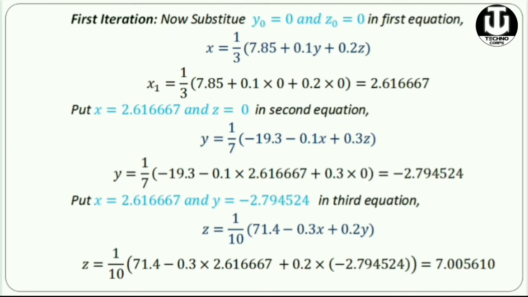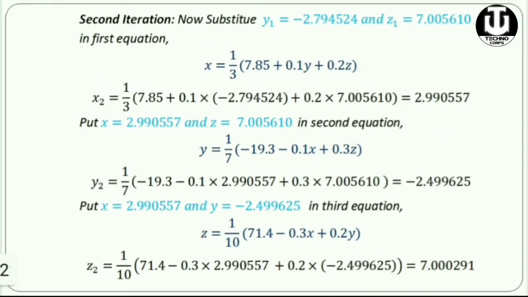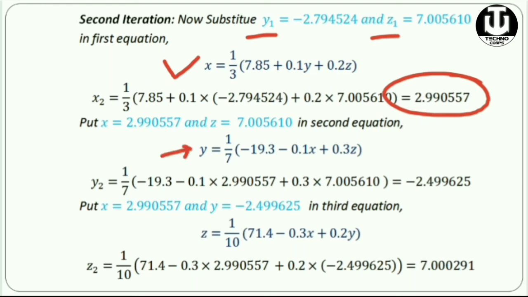Now in the second iteration what we will use? We will use the values of x1, y1, z1. First of all, for calculation of x, I'll put y1 and z1. Once we put the values of y1, z1, I'll get the value of x2, right? Because I got the value of x2, that is the updated value, for the next calculation, that is for y, I'll use the value of x2 and z1.